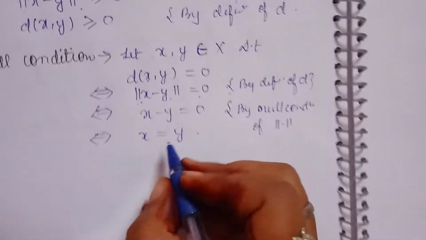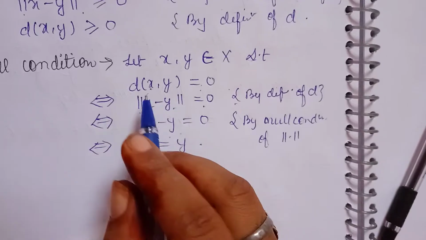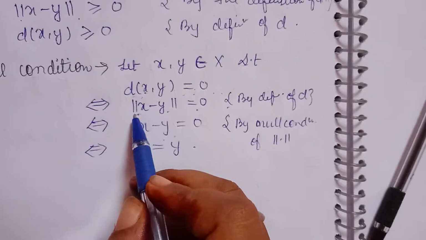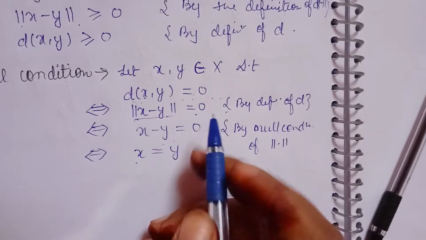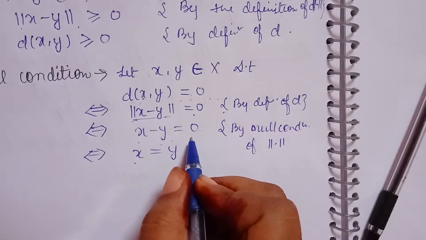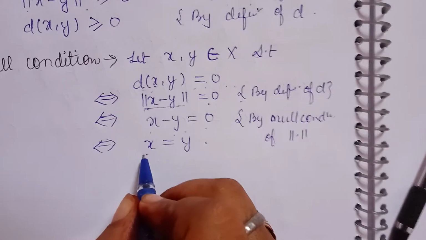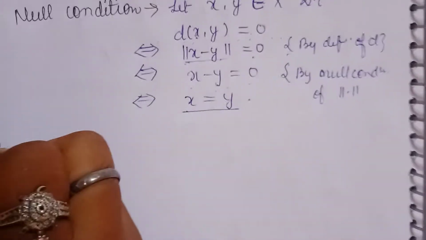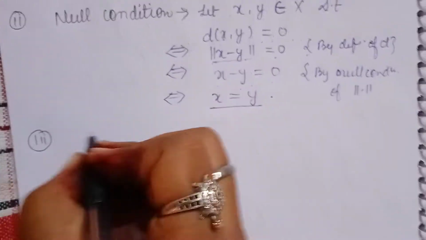If x is equal to y, then d(x,y) is also equal to 0, if and only if norm of x minus y is equal to 0, x minus y is equal to 0, if and only if x is equal to y. So here the third condition is triangular inequality.